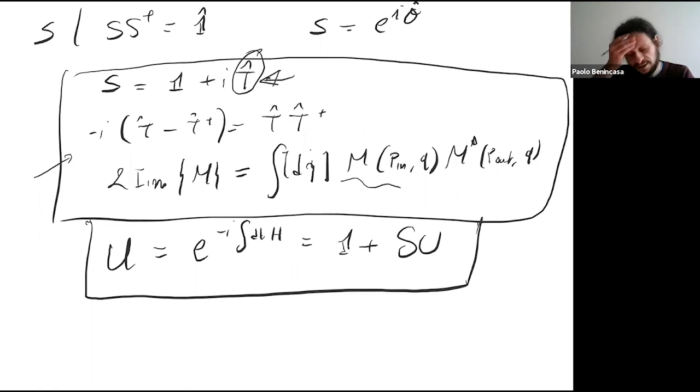Otherwise, I can provide them to you. But still, what we would like to have is a formulation, a combinatorial understanding of this. And maybe it's already manifest, but we didn't get it yet.